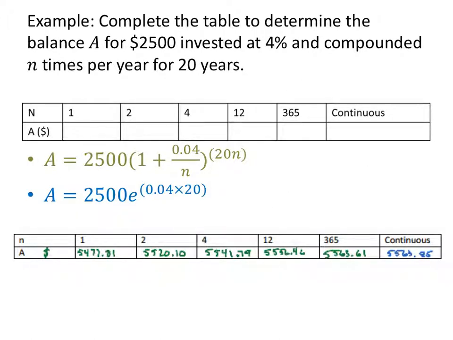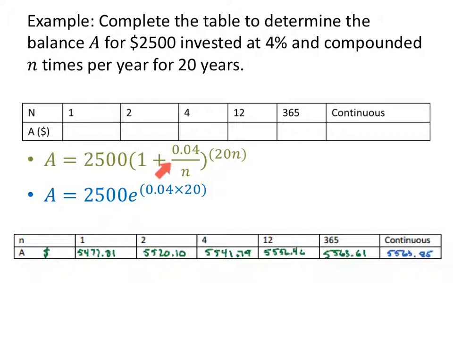So if we want to complete the table to determine the balance A for $2,500 invested at 4% and compounded n times per year for 20 years, starting with an n value of 1, 2, 4, 12, 365, and then continuously, what I will use on my calculator is 2,500 times (1 plus 0.04 in decimal form over n) to the power of 20 times n, and then I will substitute, put 1 in for n, and I get an answer of $5,477.81.